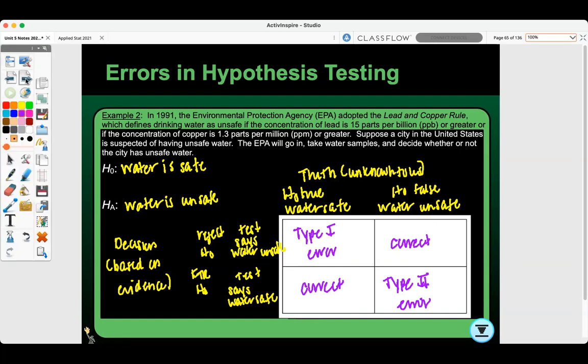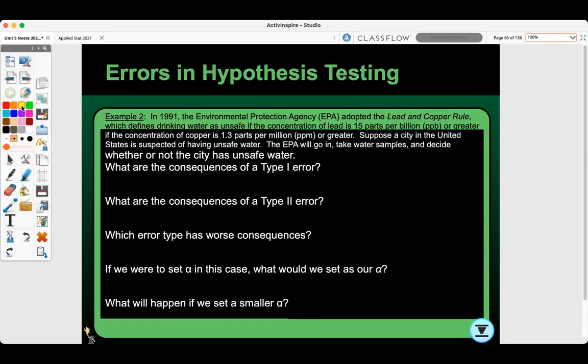So using this information, let's answer the following questions. What are the consequences of a type 1 error? One of the consequences could be the shutdown of water plants.